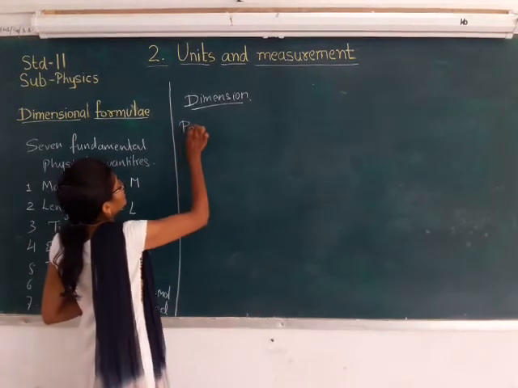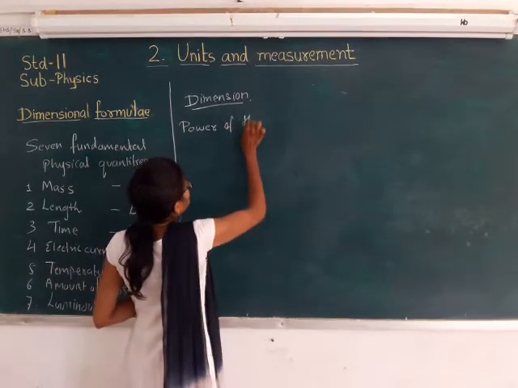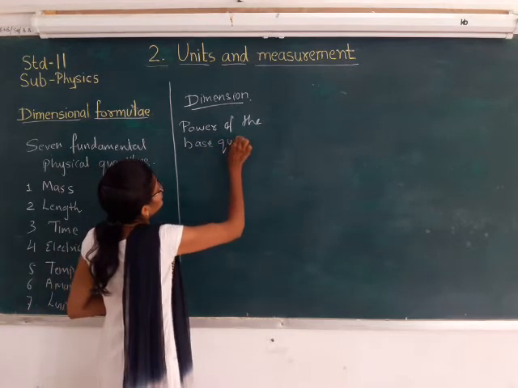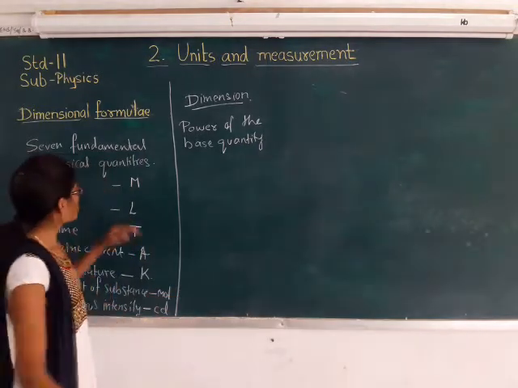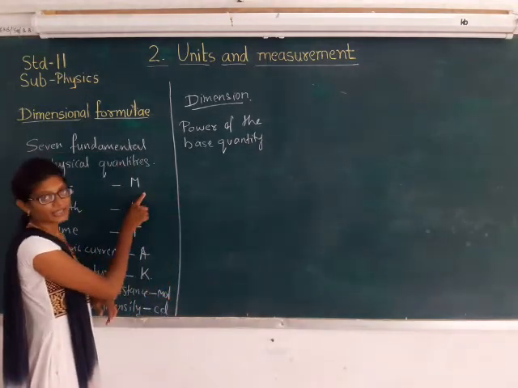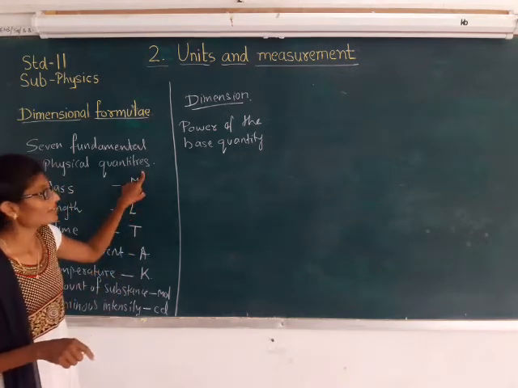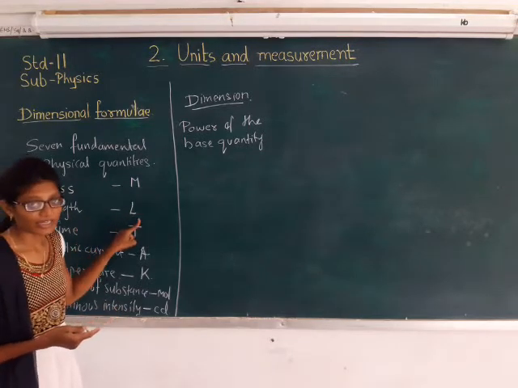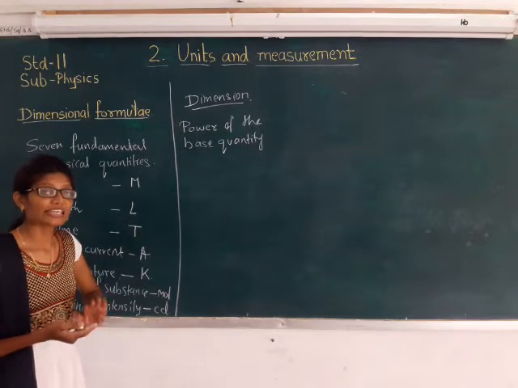That is, the power of the base quantity is termed as the dimension. Over here, if I say the dimension of mass, that is 1, because I have written only M and its power is 1. Here for length, I have written L. Power of that L is 1. So dimension of length is 1.